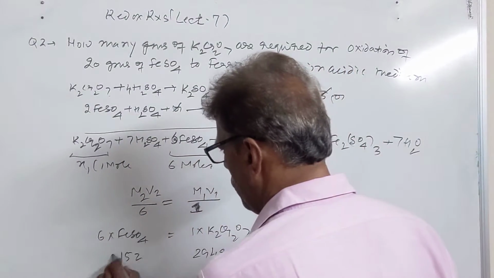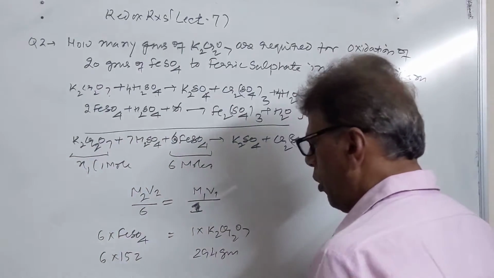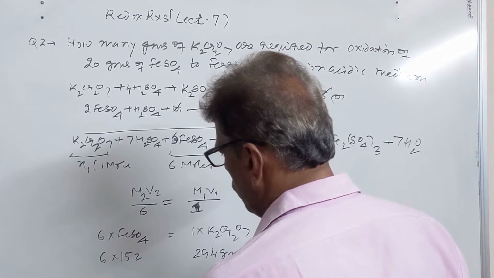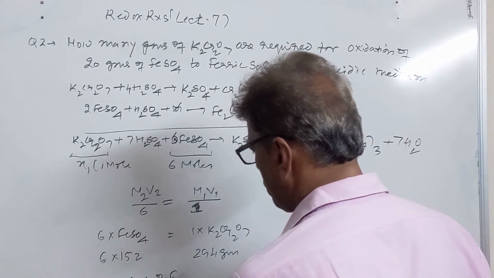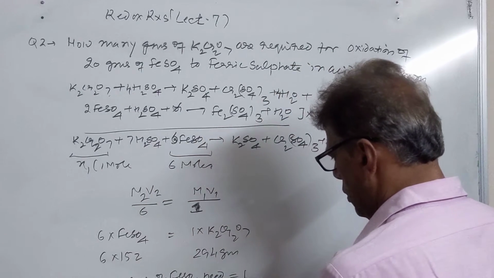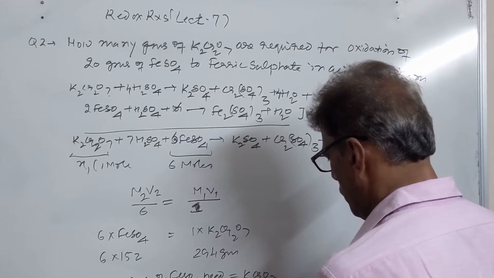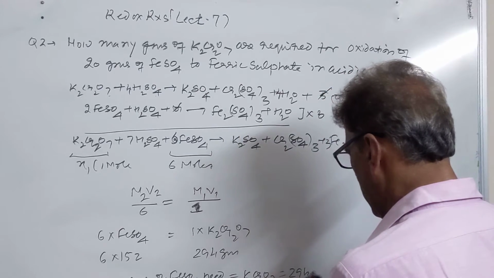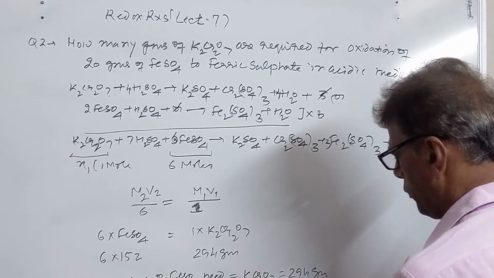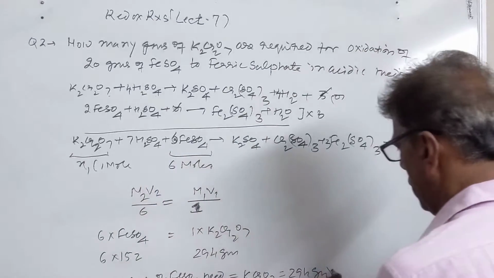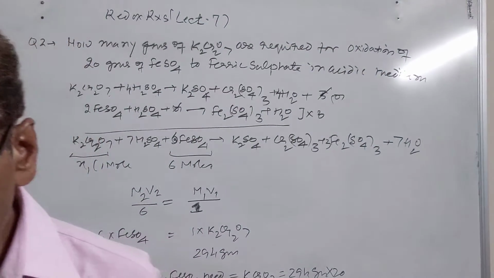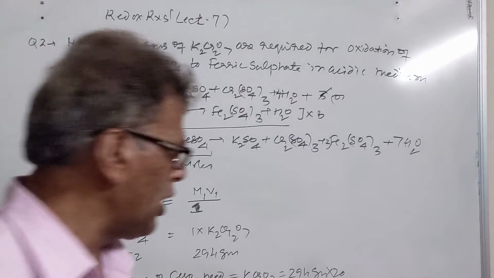So 6 into 152 grams of ferrous sulfate needs 294 gram of K2Cr2O7. 1 gram will need 294 upon 6 multiplied by 152, and 20 gram will need how much? So this is now the stoichiometric calculation of the redox reaction. The answer will be 6.45 grams.